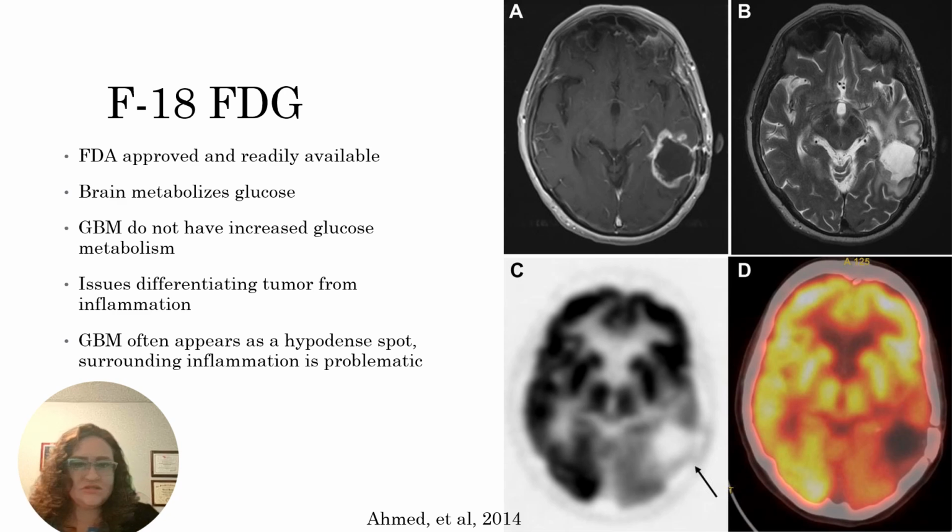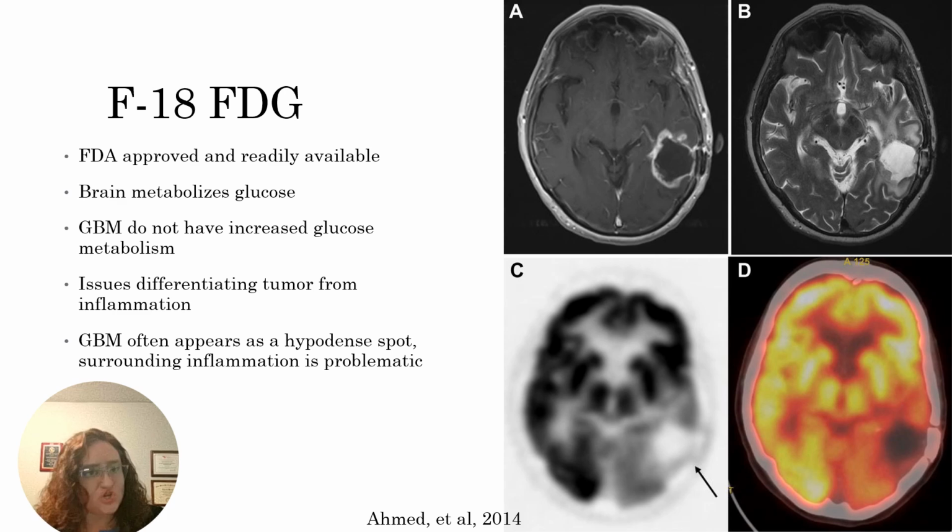So FDG we'll start with. Images A and B here are MRI images, and then C is the PET, and then D is the PET fused with MRI. These are all the same patient. So FDG is approved for use in glioblastoma, and it is readily available. The brain metabolizes glucose, so the brain is always going to show up as really hyperperfused, but the glioblastomas don't.